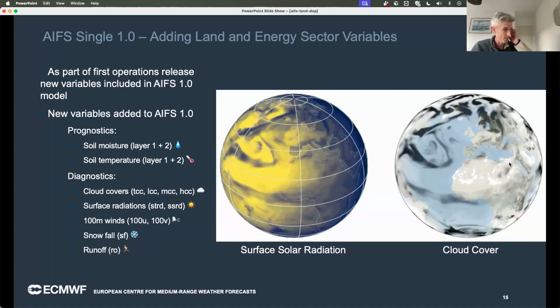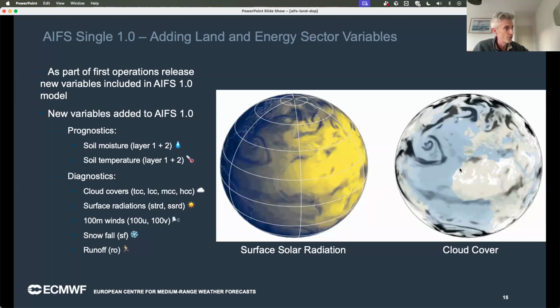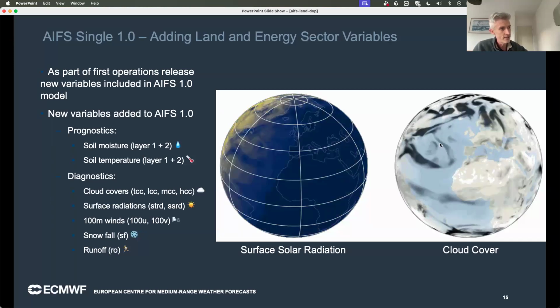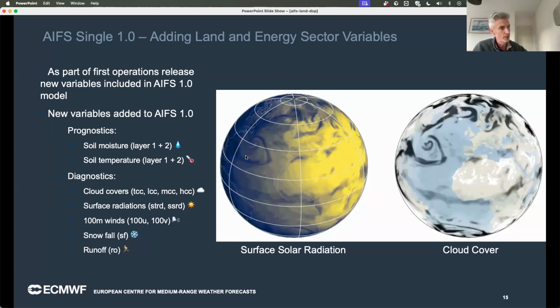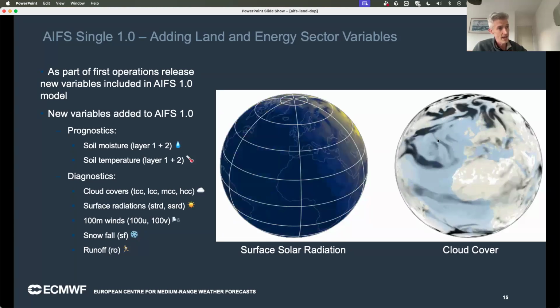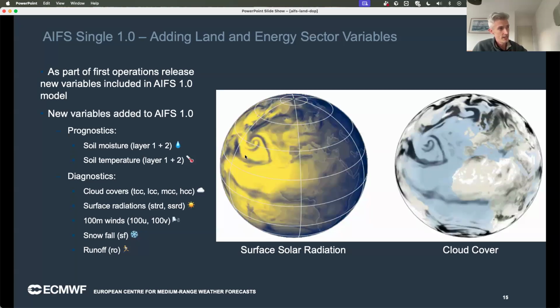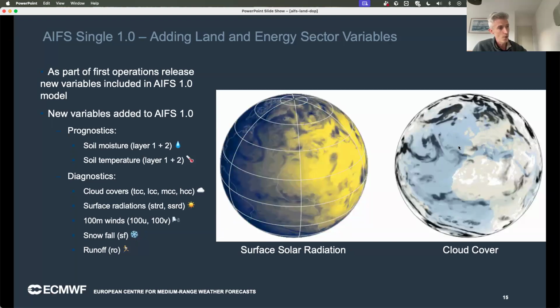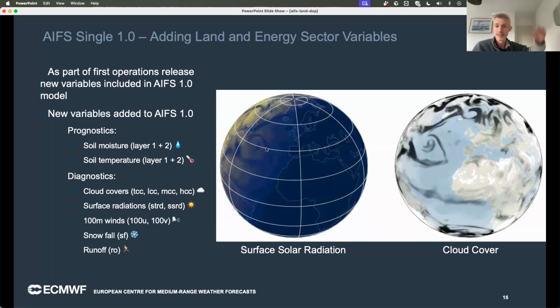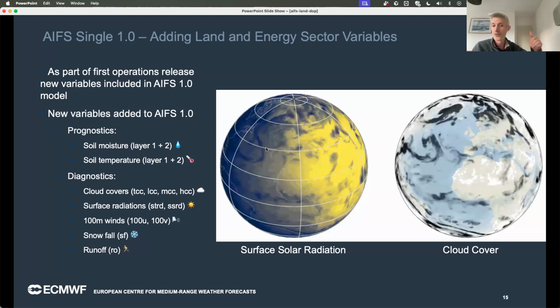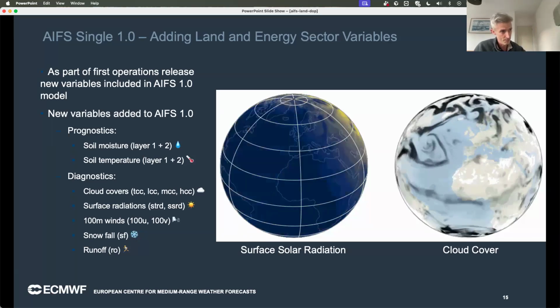It's a bit smooth, the quality of this figure is not too great. But the nice thing is that you can see there's an internal consistency in the model between both the solar radiation and the cloud cover. So you can see that the surface solar radiation is lower where we have cloud, as you'd expect. It intercepts the radiation, so you have lower solar radiation at the surface in places where you have cloud.